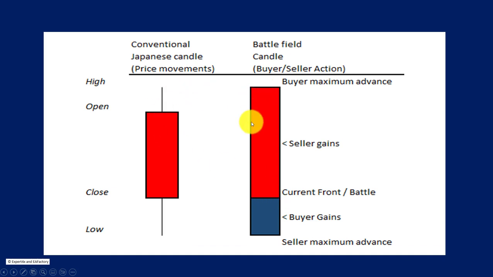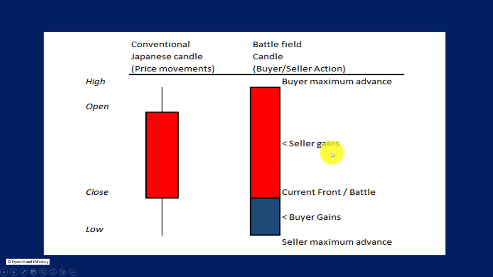In other words, they won that much of the battlefield. The full length of the candle is a battlefield, and they claimed that because they moved the price from over there down to there. The buyers, on the other hand, managed to push the price up from over there, so they gained that section of the battlefield.